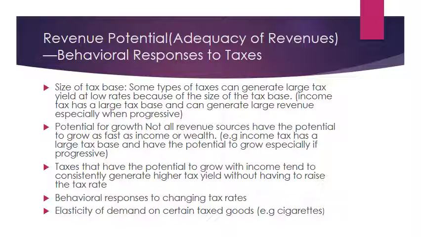Income taxes are one, whereas if you look at taxes on cigarettes, for example, they don't usually have a very large tax base compared to income taxes because this is only applied to the sales of cigarettes. So only those people who purchase cigarettes are taxed, so you don't have as large a base compared to the income tax.